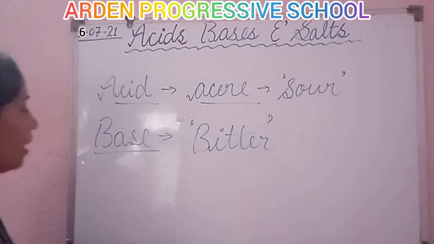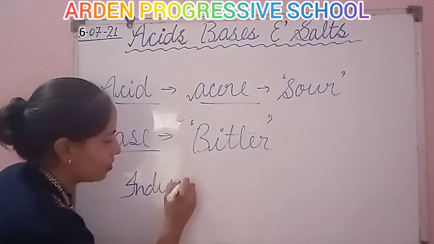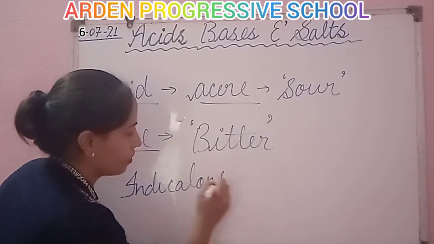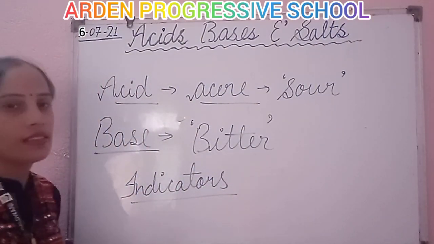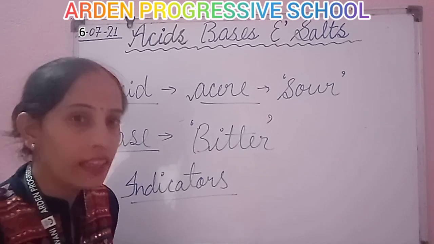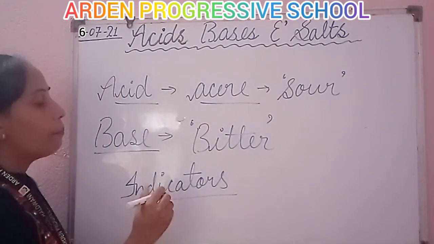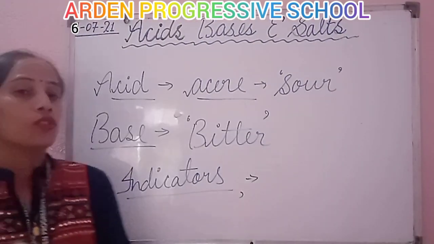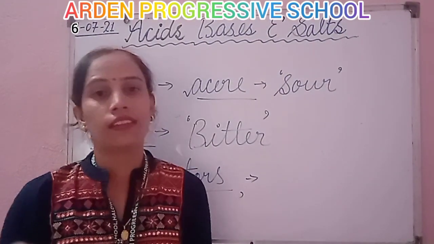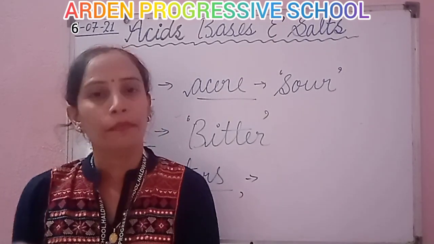They are the indicators. Indicators are those substances which determine the acids and the bases by changing their color.